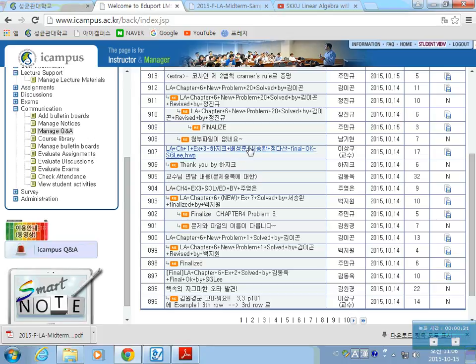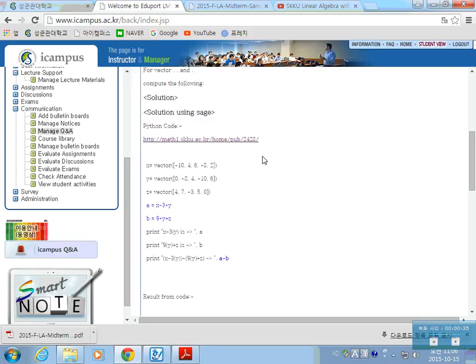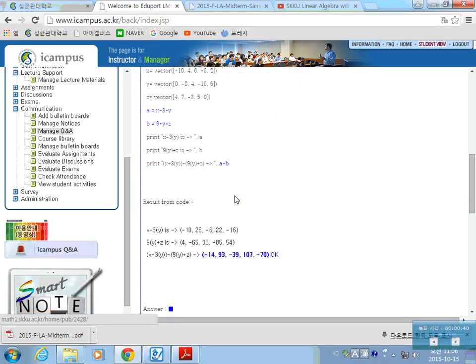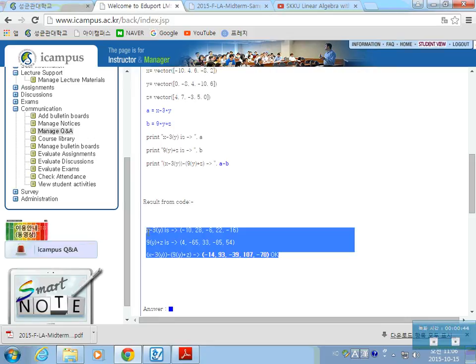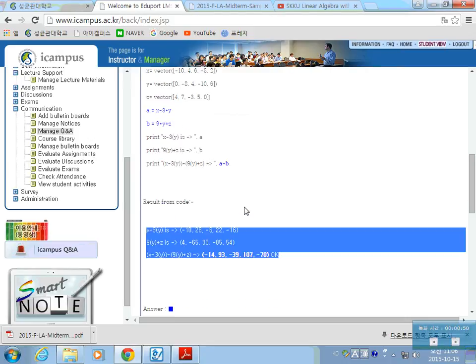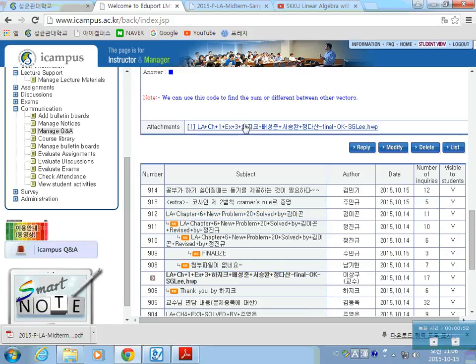Even Hajik solved his problems and uploaded his solutions, and he checked his answer with Sage to make sure his answer is right or not.